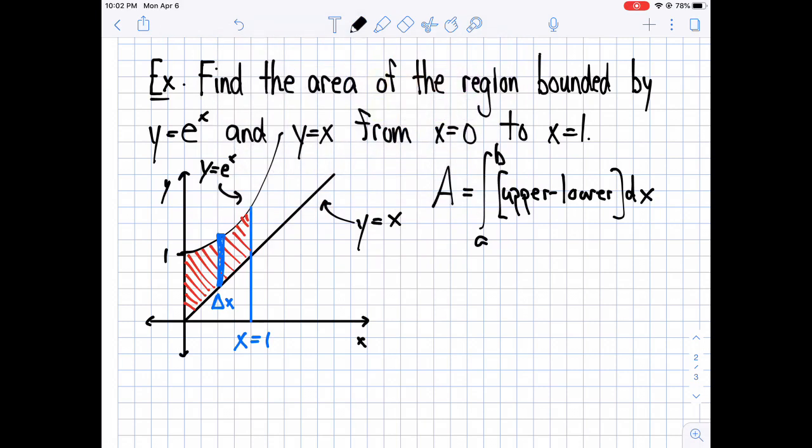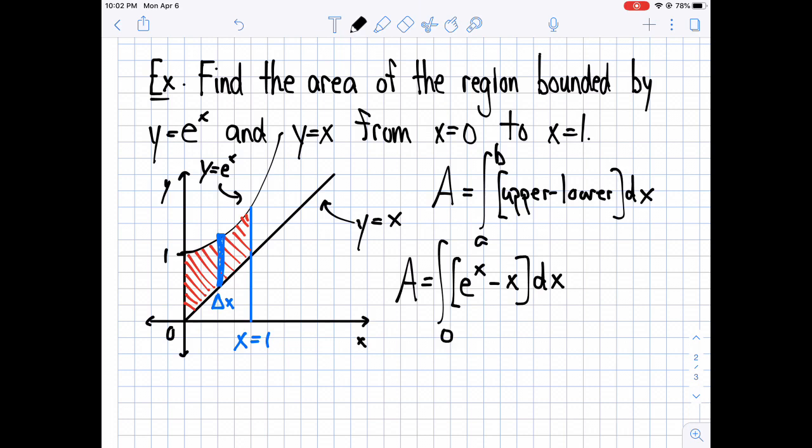What's going to be our upper function? What's going to be our lower function? Upper function will be e to the power of x, and the lower function will just be x itself. Integrate with respect to x. What's our smallest value of x on our interval? It's going to be 0 right there.